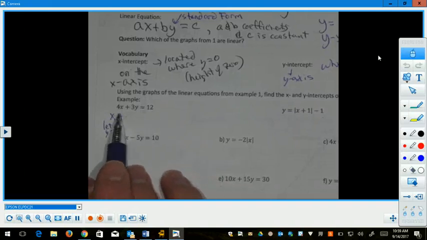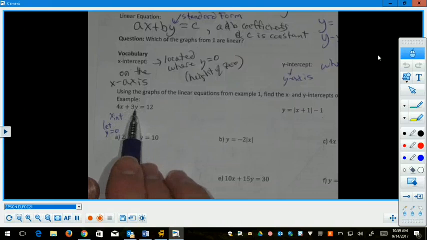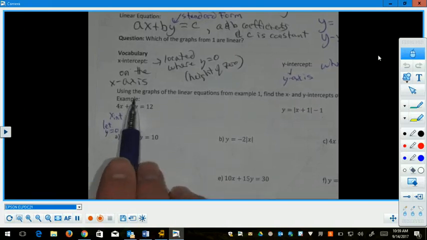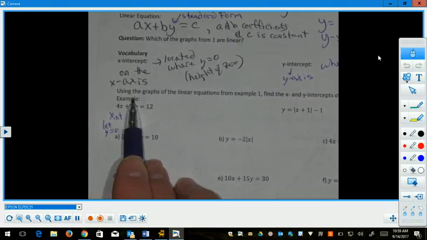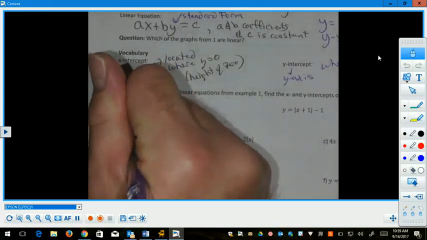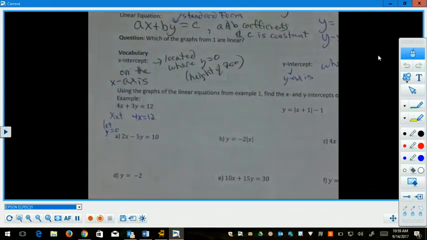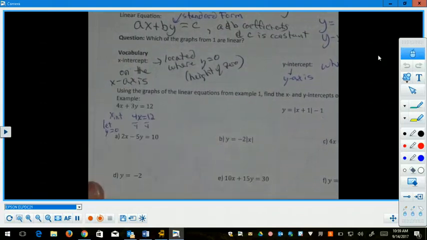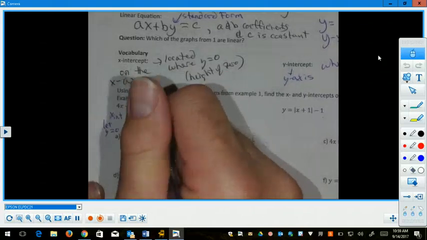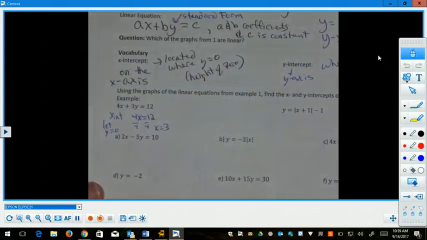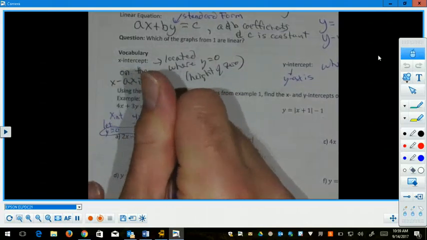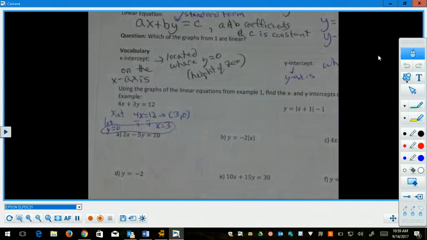Rather than writing this out as 4x plus 3 times 0 equals 12 and solving, I can just, because 3 times 0 is 0, cover up that variable, and the rest of the equation is what I write down to solve. 4x equals 12. Now I'm still solving for x, so divide both sides by 4. And that gives me x equals 3. That was when y equals 0. So my x-intercept is 3, 0 as an ordered pair.